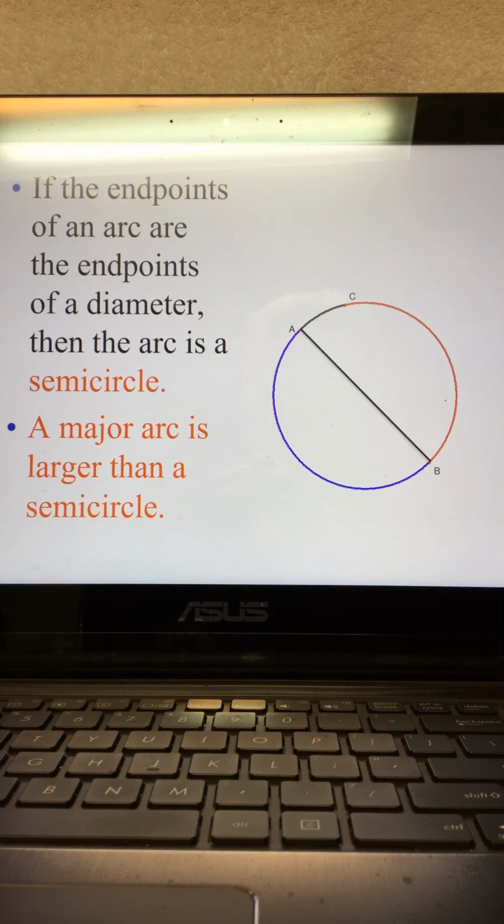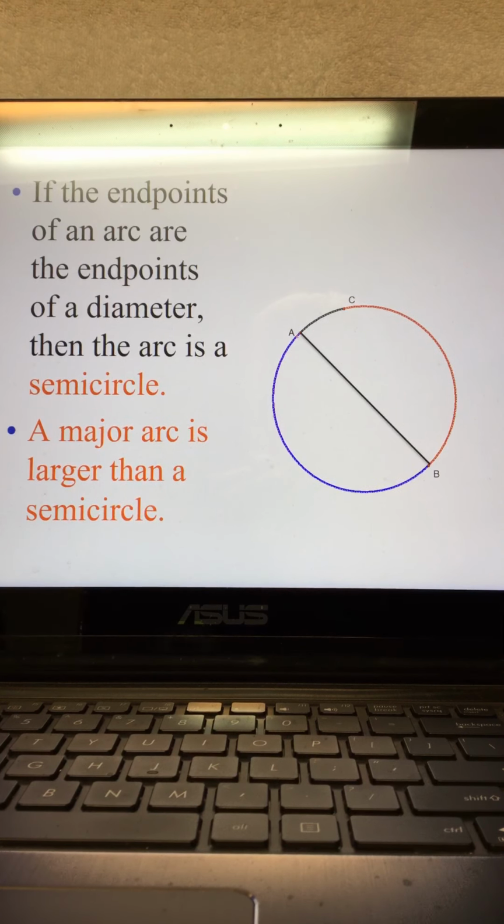If the endpoints of an arc are the endpoints of a diameter, then the arc is called a semicircle. Right here, this is a diameter. It's passing through the center. This blue is denoting a semicircle. The endpoint here at A, the endpoint at B are on that diameter.